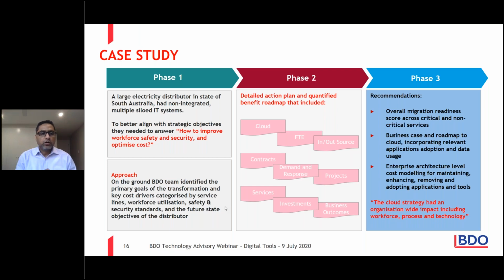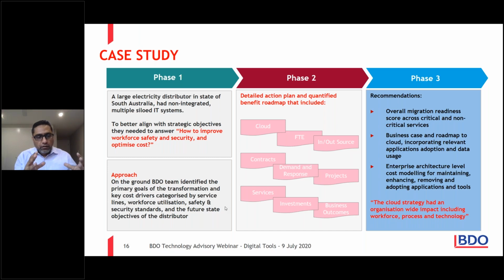This is where the BDO team got involved. The team looked at not only the technical side of it, but it started from what are your goals that you're trying to achieve, what are the big cost drivers that need to be managed to deliver that workforce safety, security, and the cost optimization that you're looking at.